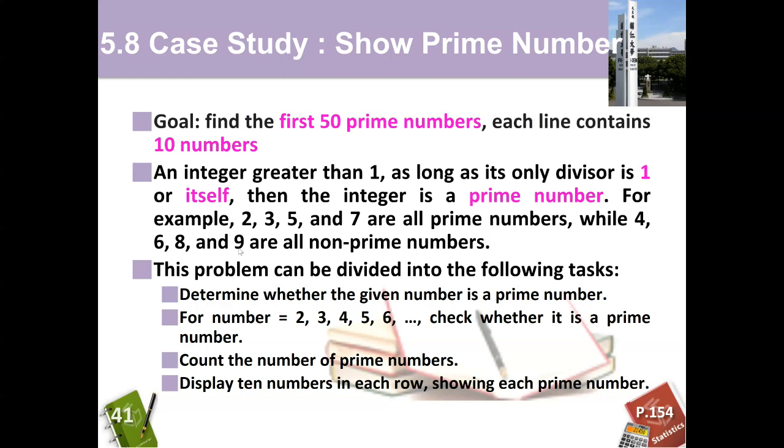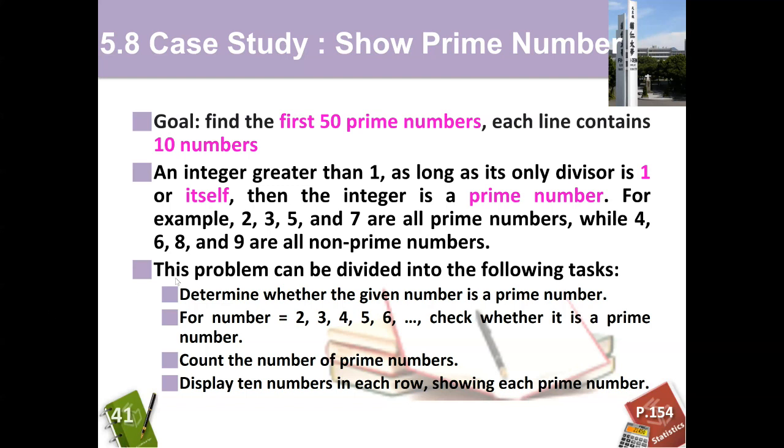So the divisors are more than 2. If you are a prime number, you only have 2 factors, I mean divisors.